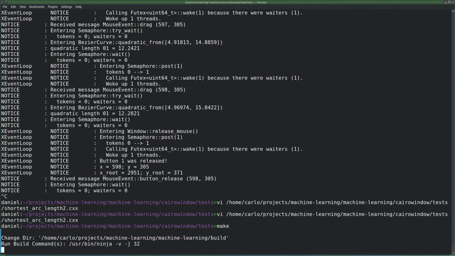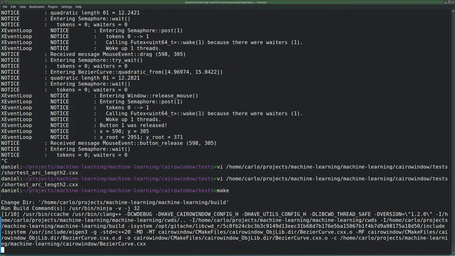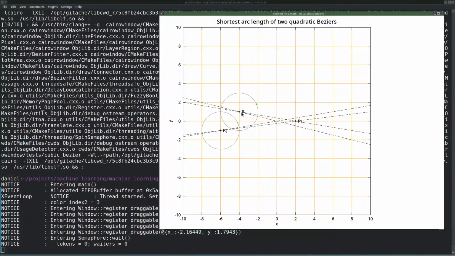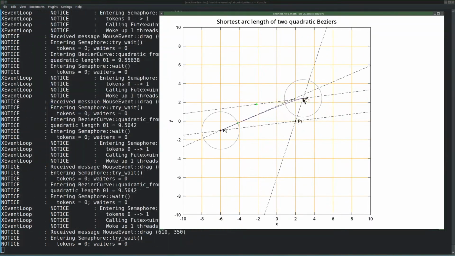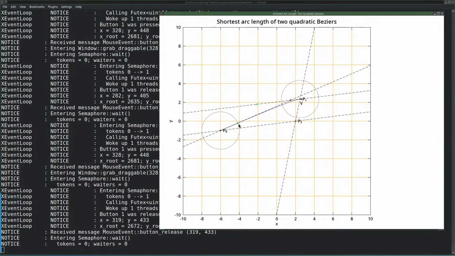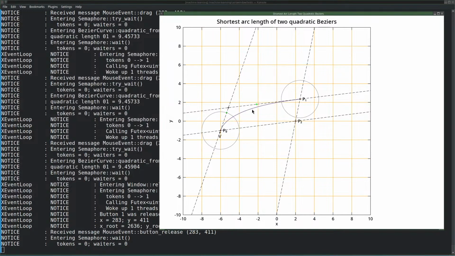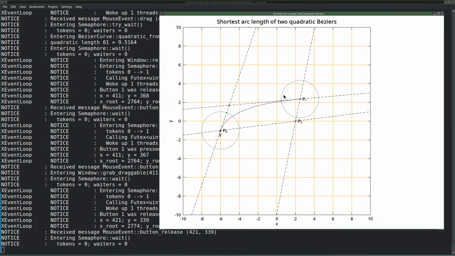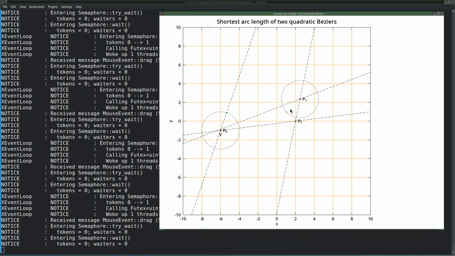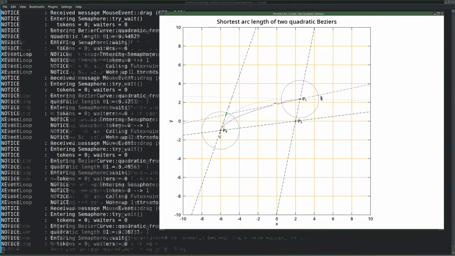Anyway, now it works. At least that I know. That was the problem. But hello, grab. So now, yeah, now it's on this line. Perfecto.